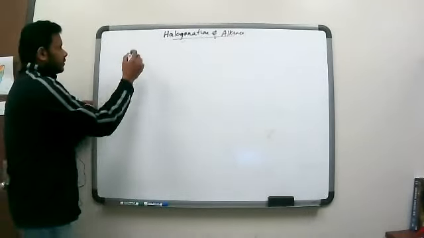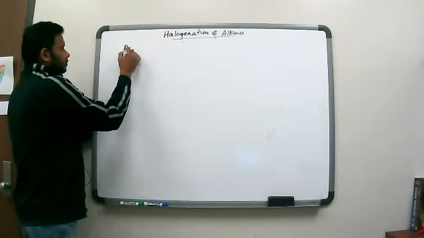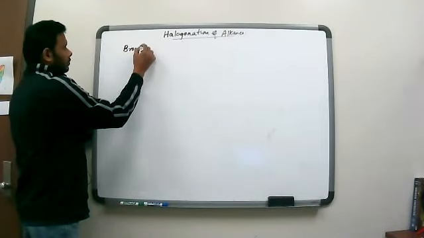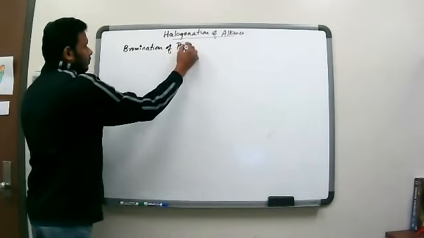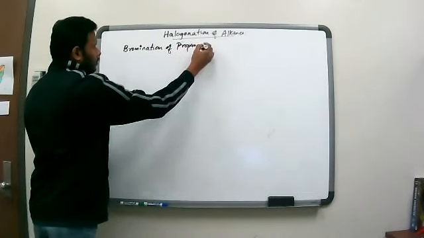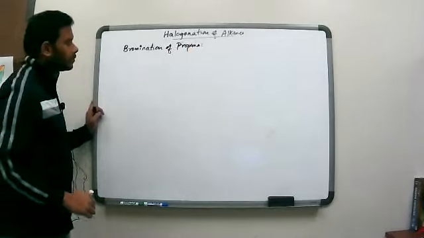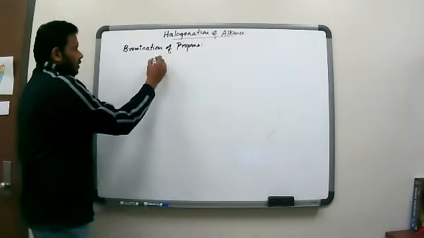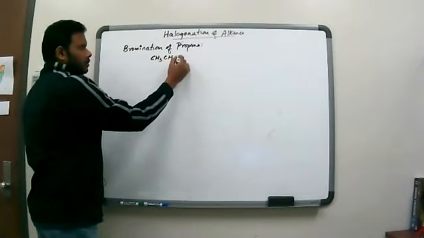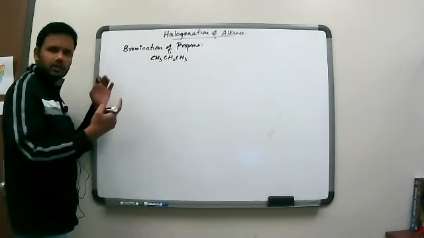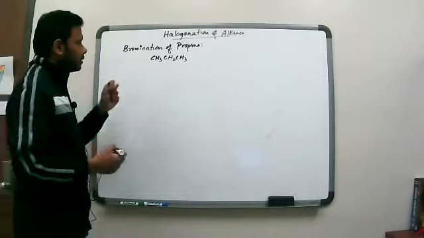Okay, so for bromination of propane, that means we're talking about this reaction where actually I want to write this whole equation because when I wrote it initially I missed out that HBr.